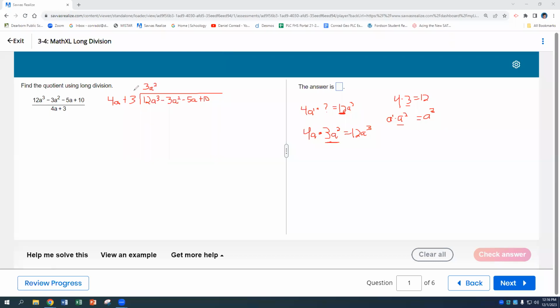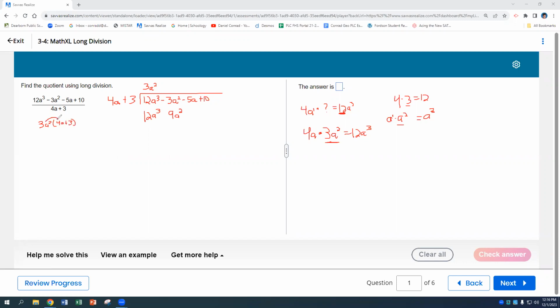All right, so now we're going to multiply both of these terms that we're dividing by 3a squared. So 3a squared times 4a gives me 12a to the third, and then 3a squared times 3 gives me 9a squared. We have to multiply by both of them.